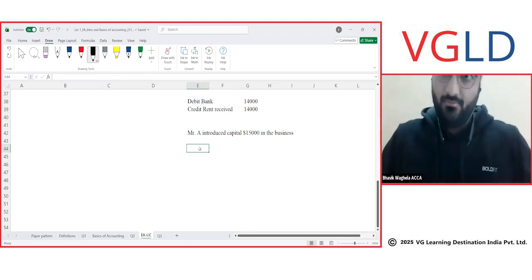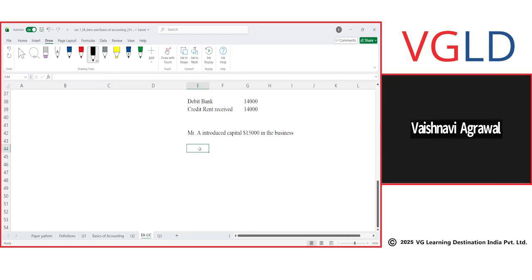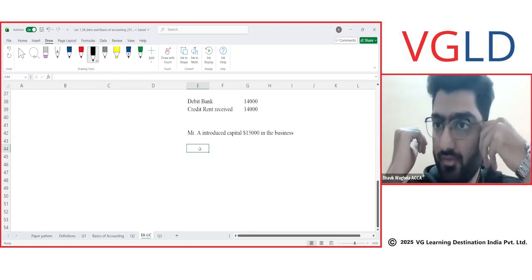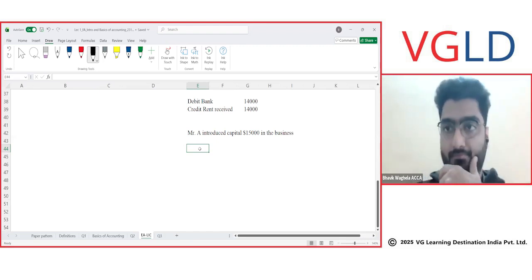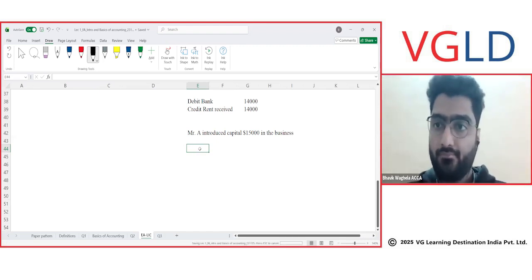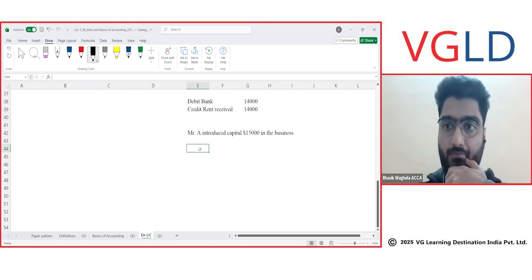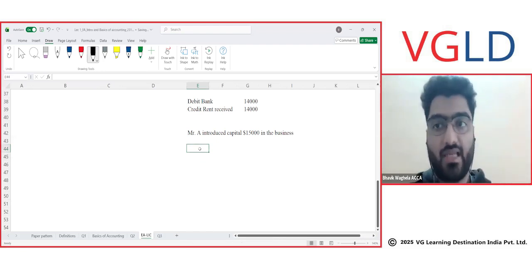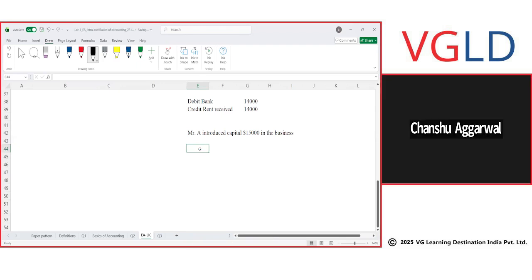Liability? No, not liability. This is different from liability also. This is capital, my friend. The business will say we have received cash, the bank balance will increase. So debit bank.